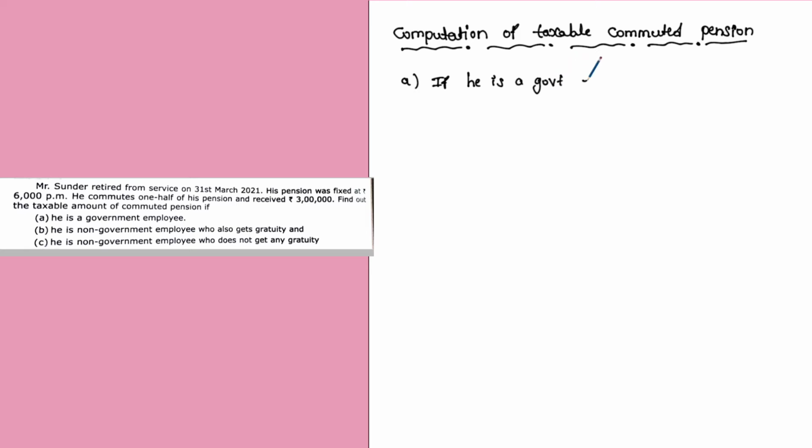If he is a government employee, that is Mr. Sundar, what is the taxable pension amount? We have to identify. If Sundar is a government employee, it is completely or fully exempted from tax under section 10 subsection 10A.